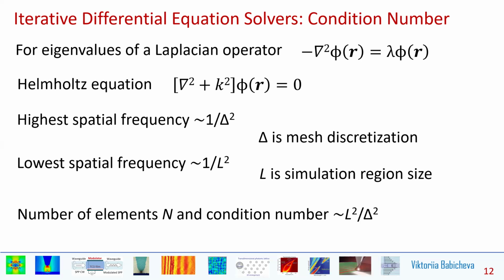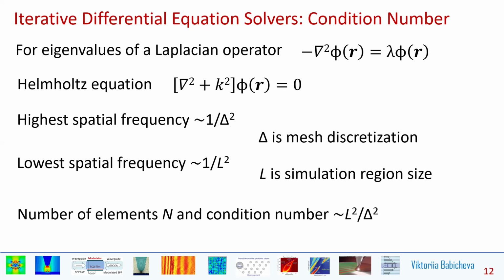Therefore, the condition number of the matrix system is proportional to L squared divided by delta squared, and I hope you appreciate the beauty of this consideration in estimates. It is a very approximate estimate, but we can get an idea about the situation in general. The number of elements n is proportional to L squared divided by delta squared, and the condition number is proportional to the number of elements n.